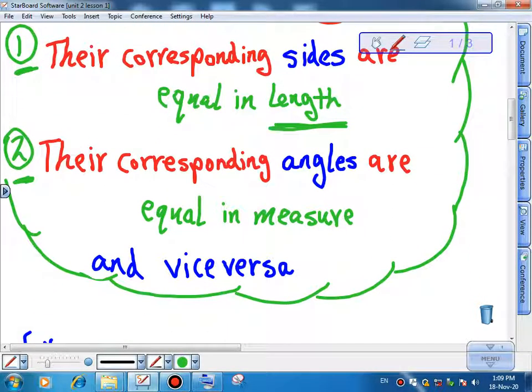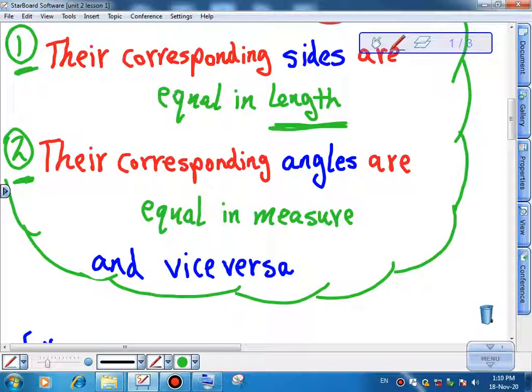And vice versa, if all corresponding sides are equal in length and the corresponding angles are equal in measure, then these polygons are congruent.